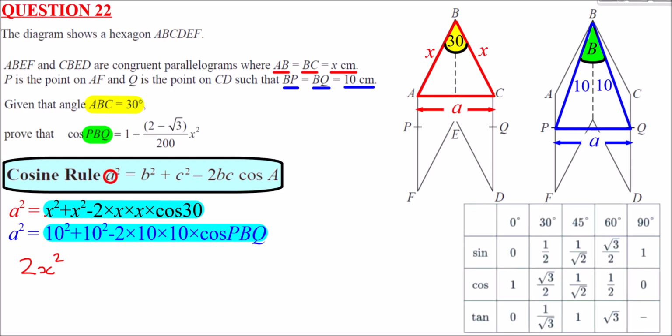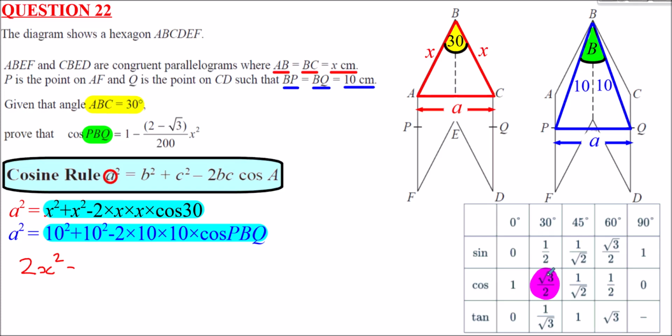So cos 30 is what we've got here. So cos 30 is root 3 over 2. So this here, I've got minus 2 times x times x. So that's minus, well, x times x is x squared.